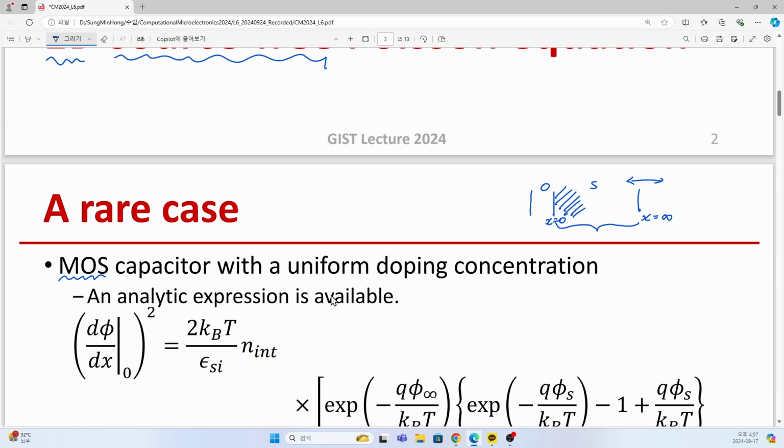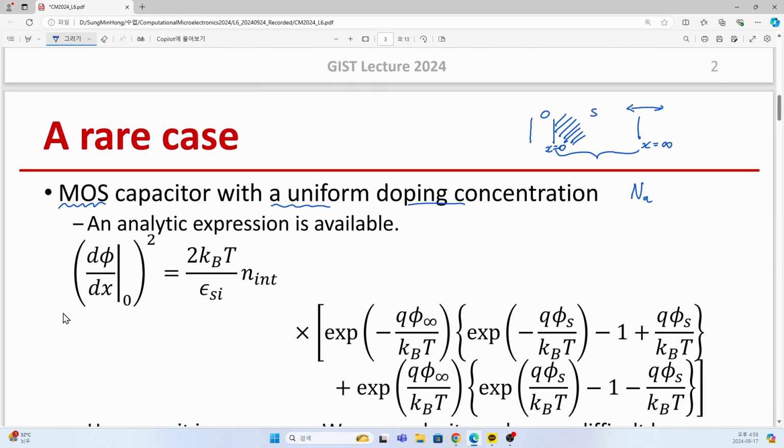Well, anyway, when we consider such a system with a uniform doping concentration, for example Na, then we were able to get an analytic expression for the surface electric field. This quantity is the gradient of the electrostatic potential evaluated at position x equal to 0.